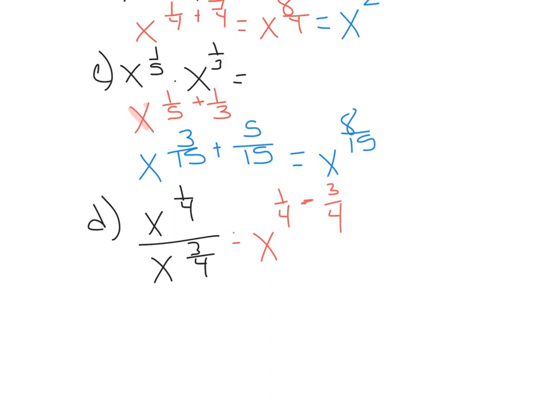And of course, 1/4 minus 3/4 is going to be a negative amount because the 3/4 is bigger. So that gives us x to the negative 2/4. And when we simplify negative 2/4, we get x to the negative 1/2.